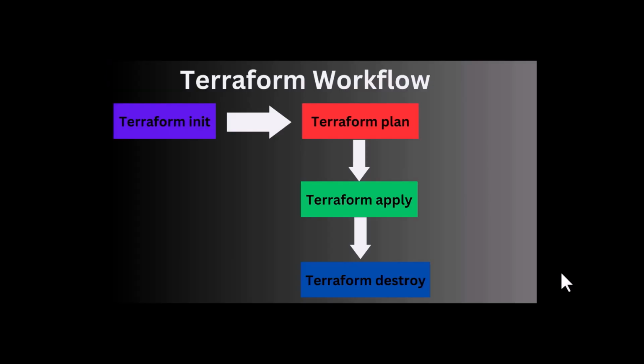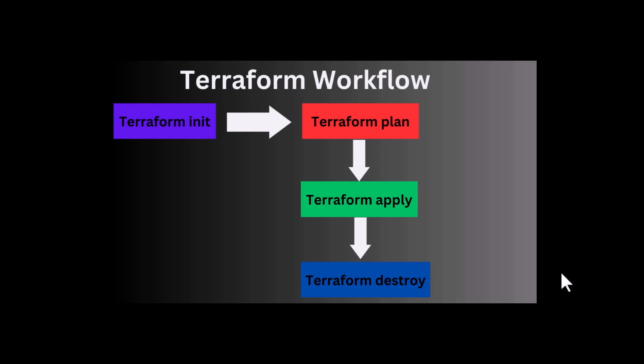Now let's move to the Terraform workflow. Here we have a chart where you can see many commands. We have basically 4 steps in Terraform. The first one is terraform init. Basically, it's used to initialize infrastructure, and after initialization, we have terraform plan, where we can see what we are going to do.